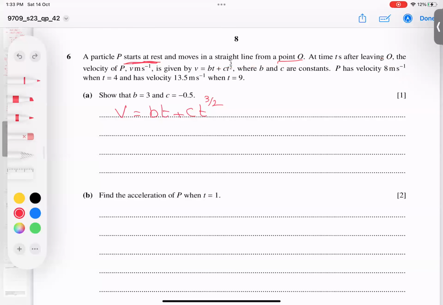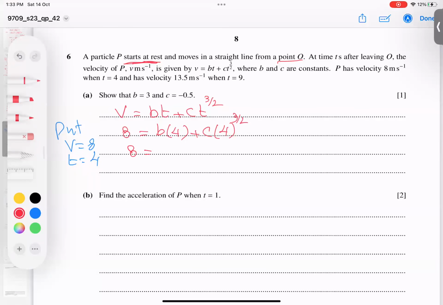Okay, job number 1, I will put here velocity 8, time 4. I got it from here and here. So when I plug in, let's see what answer comes. 8 equals B times 4 plus C times 4 to the power 3 by 2. And 4 to the power 3 by 2 is what? If you type this in the calculator, or do 2 to the power 3, that is 8. So 8C.